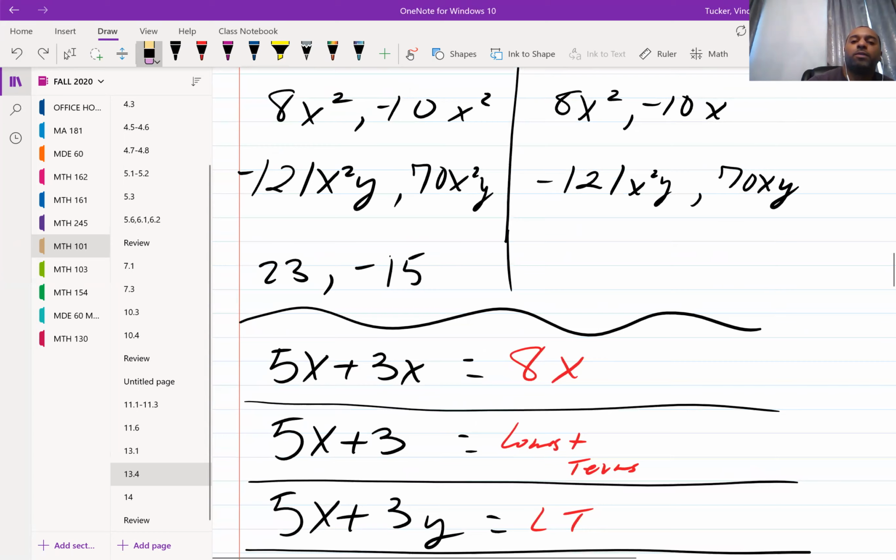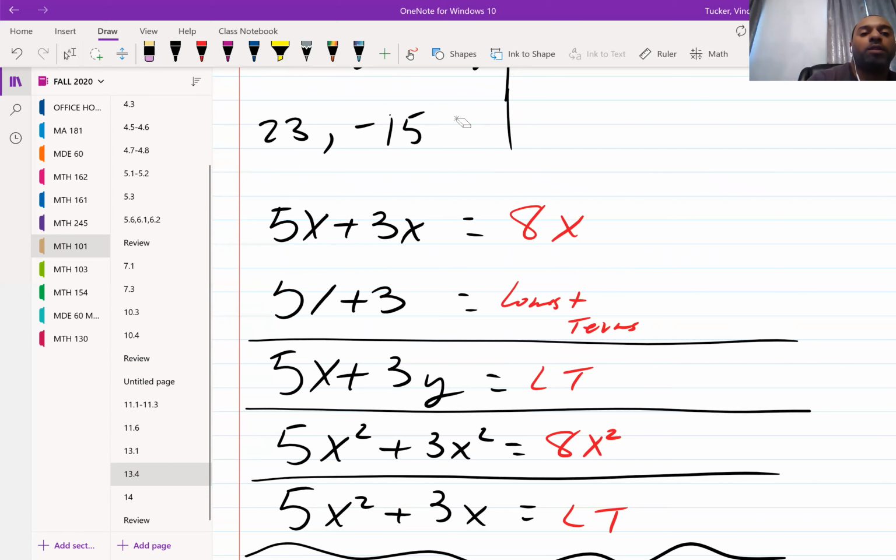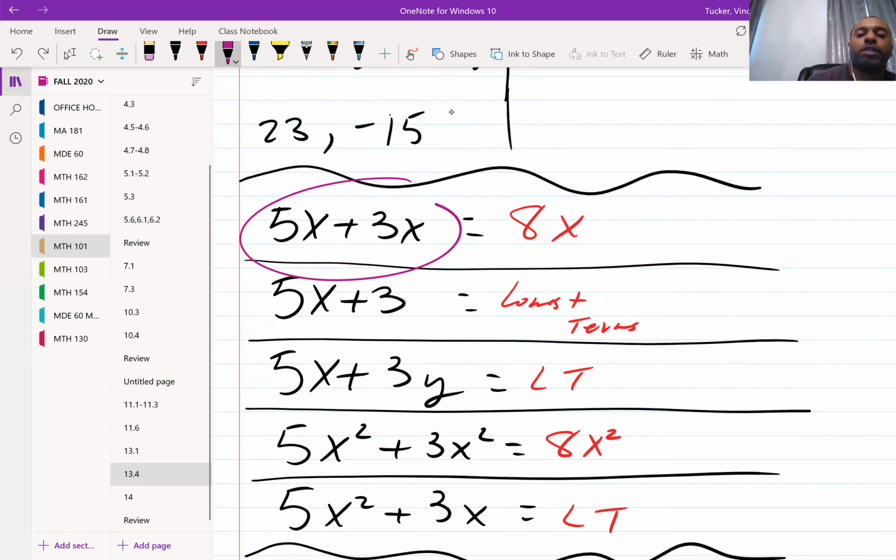So here, just different variations of 5x and 3x, different scenarios you could come across. 5x plus 3x, they are like terms. They both have the variable x, so you just add the 5 and the 3, and that'll give you 8x. 5x plus 3, since one has x and the other one doesn't, you cannot add them together, so that's already in lowest terms. 5x plus 3y, one has x, the other one has y.